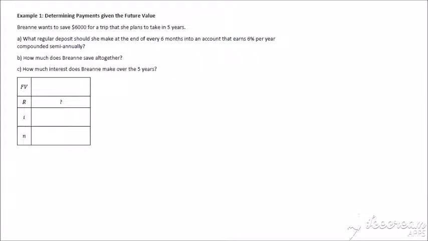Example 1, determining payments given the future value. In this question, we're going to be given the future value. I'm just going to skip ahead over here and write out the formula that we use.